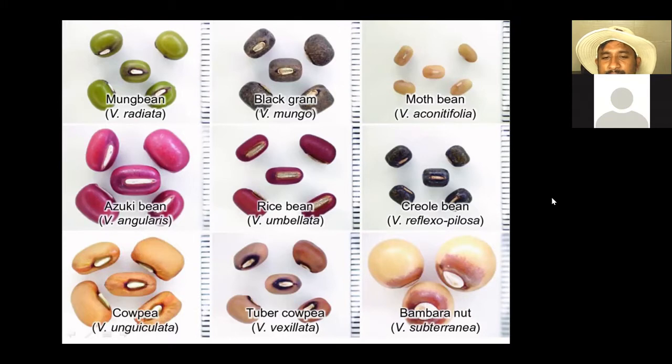And there is another species called tuber cowpea. It is not much seen in India. In other parts of the Asian countries, tuber cowpea is used. And there is another species called bambara nut. This is also a Vigna species, very less commonly seen in India.